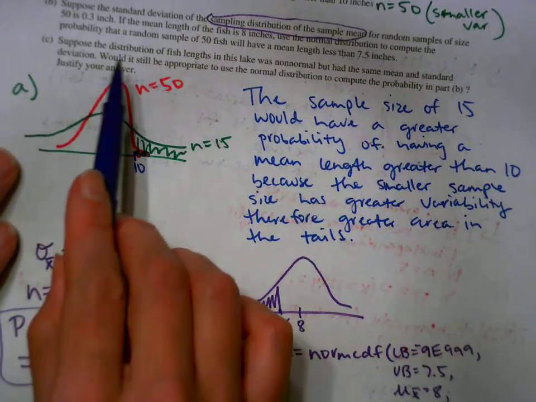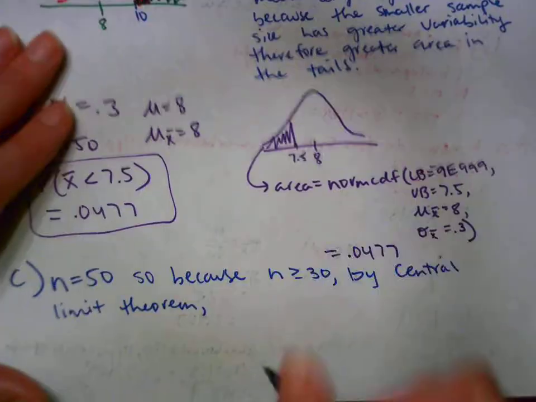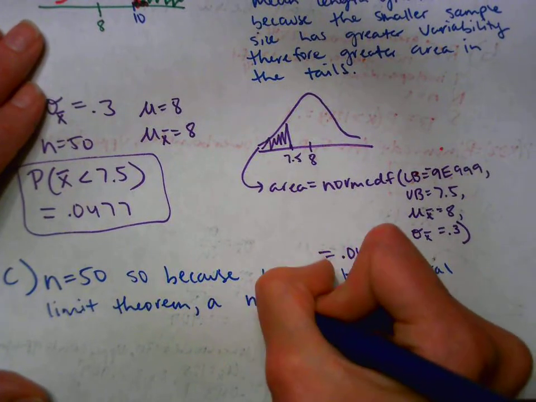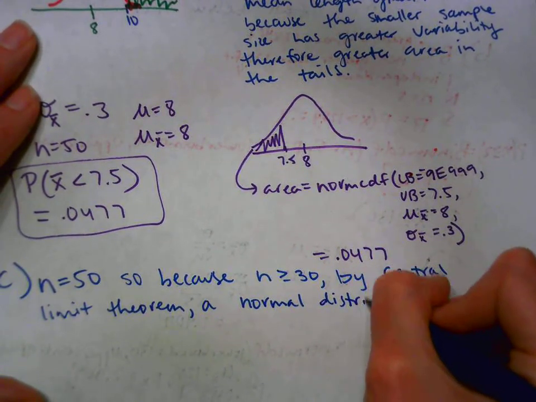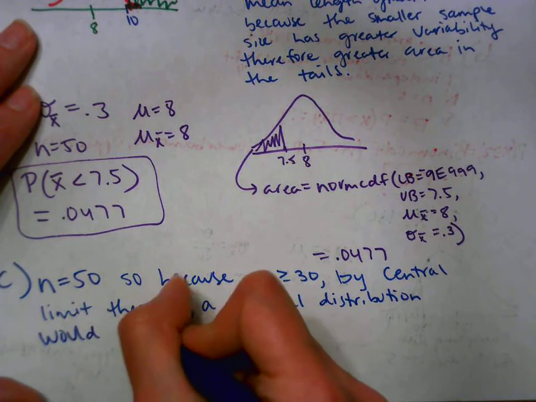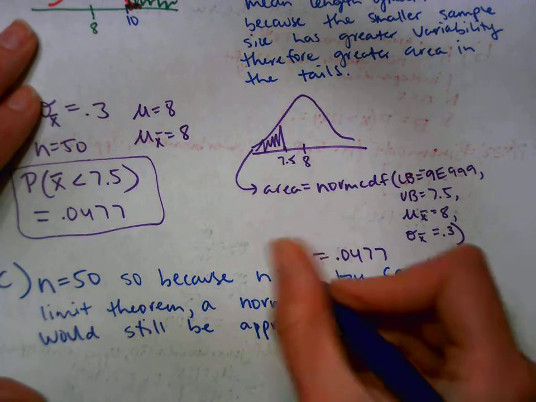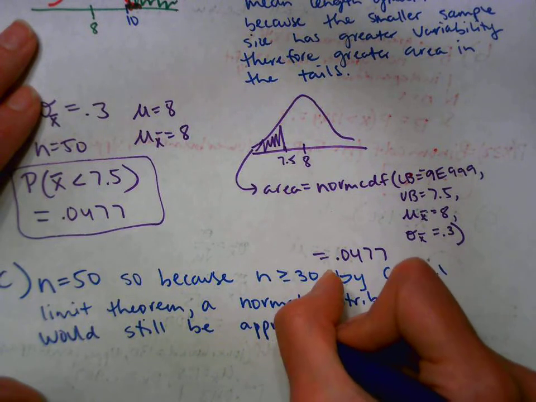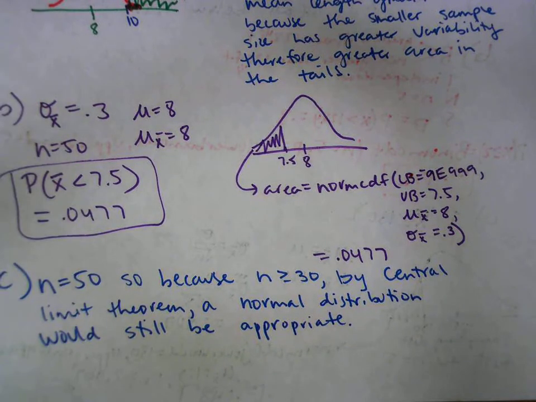By central limit theorem, normal distribution would still be appropriate. And that should suffice for that one. It's just checking that you know that condition.